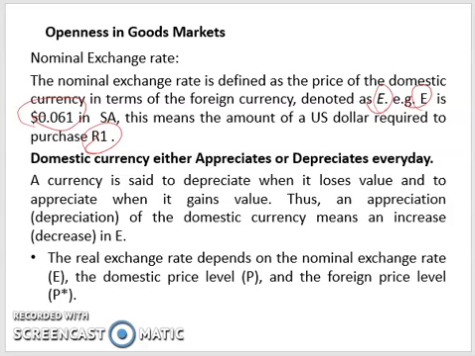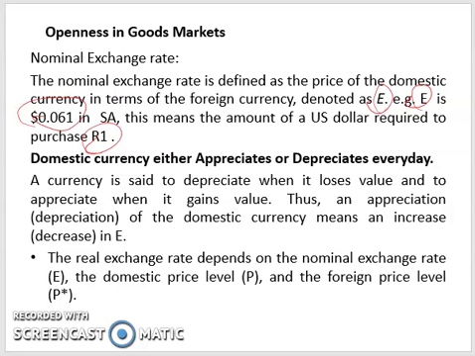Alternatively, we would say it is the price of foreign currency in terms of the domestic currency. So in that regard, it is the amount of rand you use to acquire a dollar, and in that case, it would be around 16 rand.